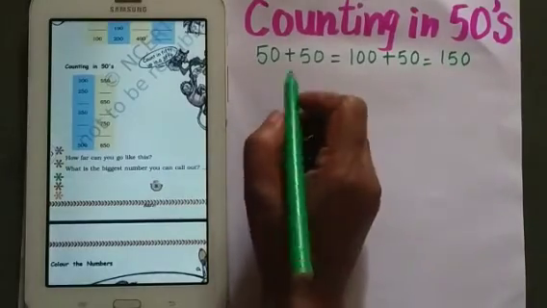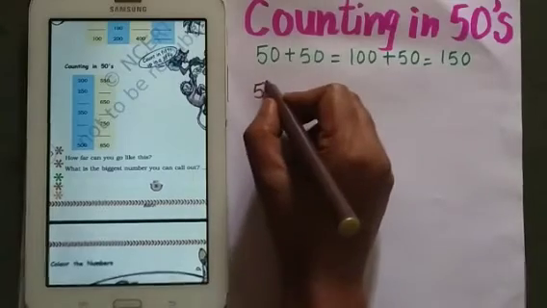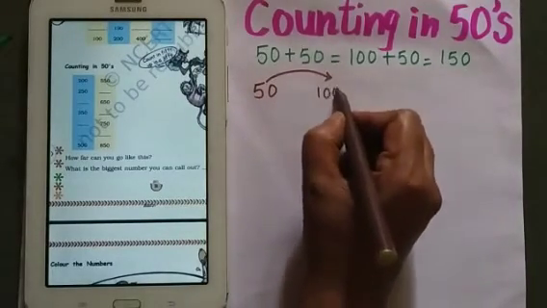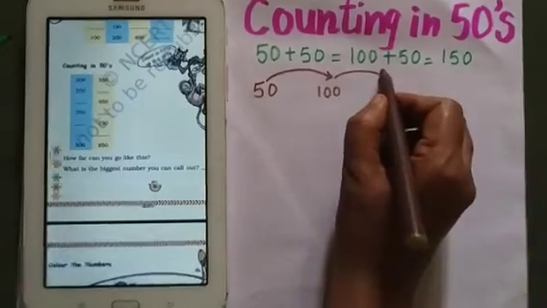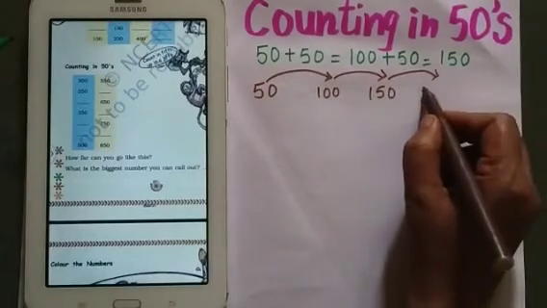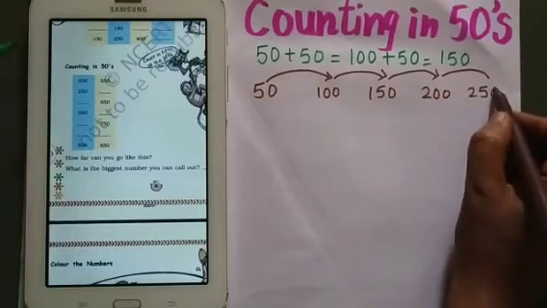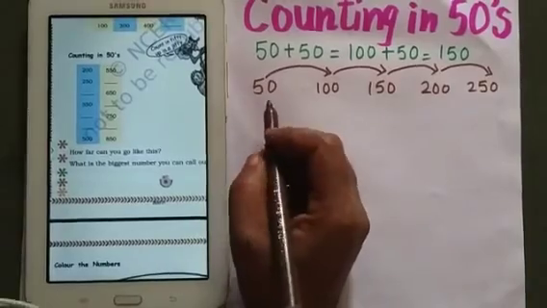So can we say that? 50. We are doing counting in 50. So 50, then 100, then 150, afterwards 200, and then 250. Yes? We are completing this task.